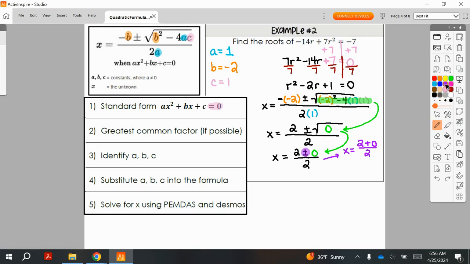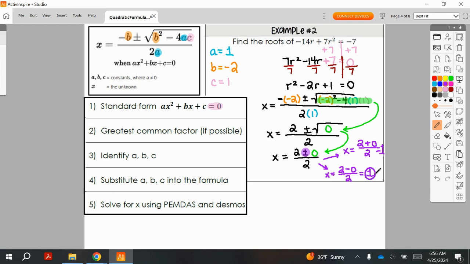And I also know that it's going to be 2 minus 0 over 2 equaling x here, because again, I'm taking the minus of that plus minus option. In the top, 2 plus 0 is 2. Divide that by 2, I get 1. And my second answer is going to be 2 minus 0, which is 2, divided by 2, which is 1.